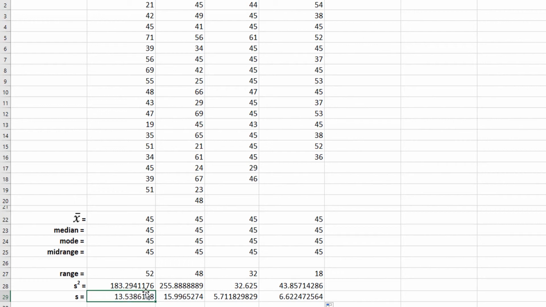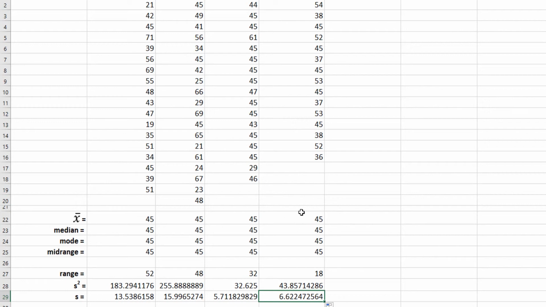If I looked at all of these, this is basically a measure of how scattered or how dispersed the data is. If I take a look at 15 and compare it to 6, well, 6 is a much smaller standard deviation, which means my data is much less scattered.